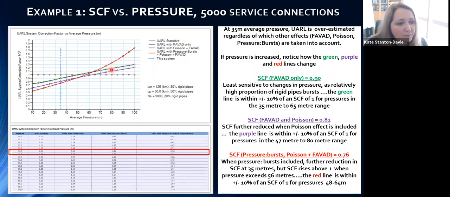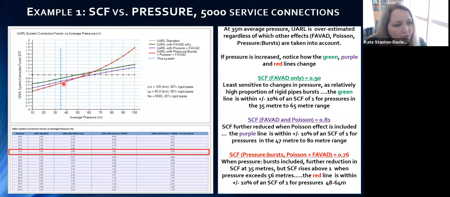When we bring in the pressure burst relationship, the line curve changes considerably. What we see is how the system correction factor continues to drop quite sharply below 35 meters, but also look how it takes off once we get above about 55, 56 meters. It shoots off up here to very high SCFs, comparatively about 1.8.